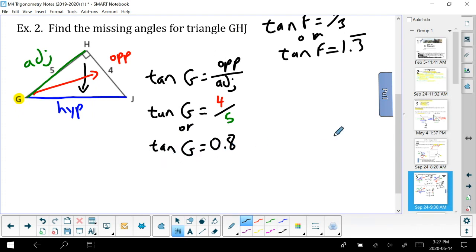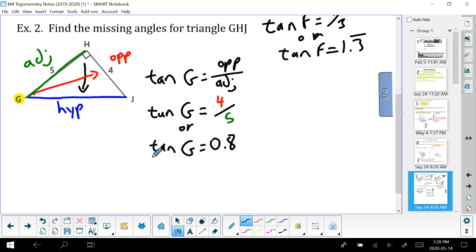In mathematics, there are a lot of opposite operations. Addition and subtraction are opposite operations. Multiplication and division are opposite. Squaring and square rooting are opposite operations. In trigonometry, we also have opposite operations as well.